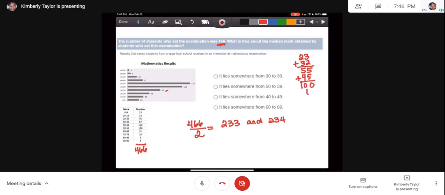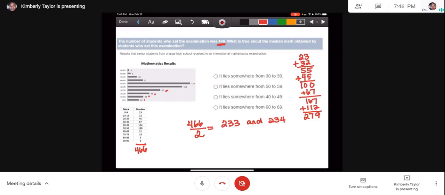Let's add on the 67. I'm at 167. I'm still not there. So I did this one, this one, this one, and this one. Now let's add on the 112. If I add on the 112, I get 279. So I have surpassed 233 and 234.